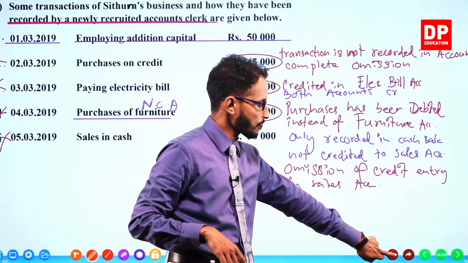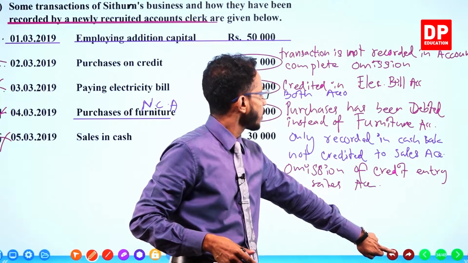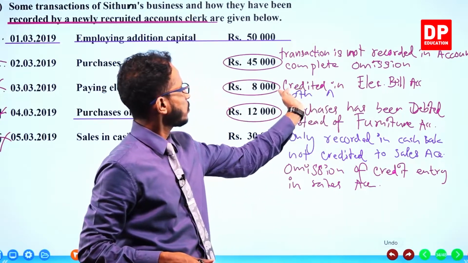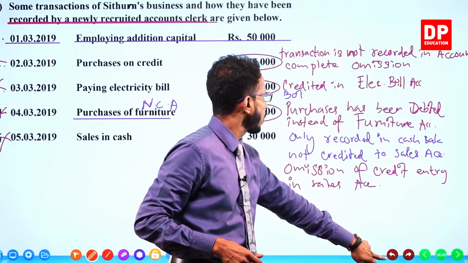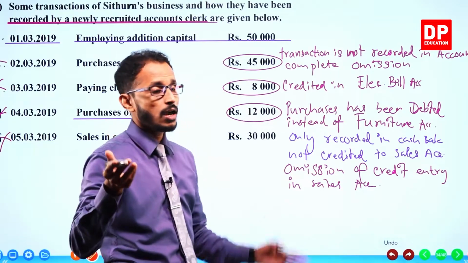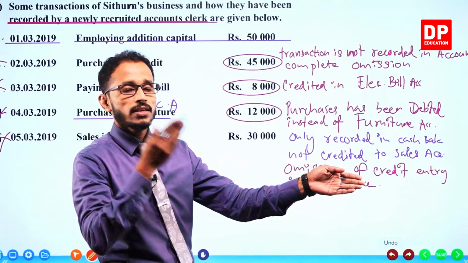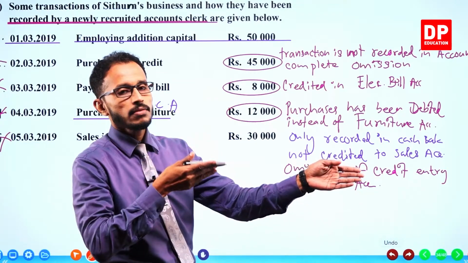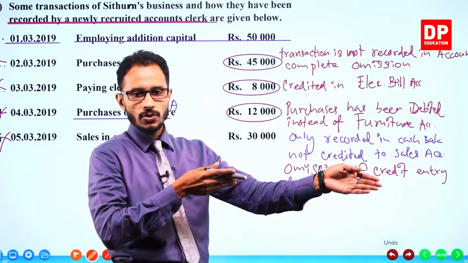How to correct that? If electricity bill account is also credited, okay, that is the error, no? Credited in electricity bill account. Electricity bill credit means that only in the electricity bill account the error is there.